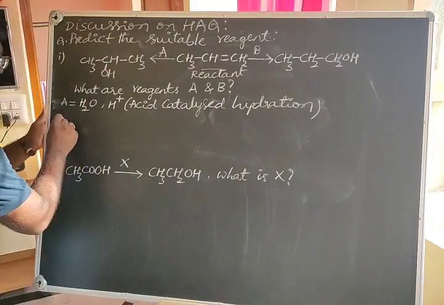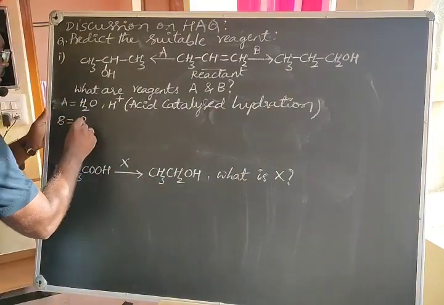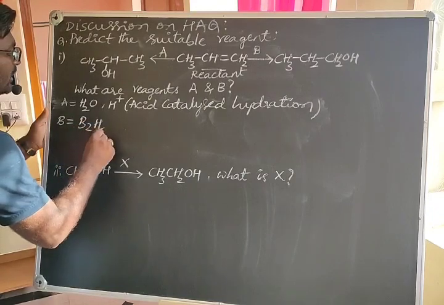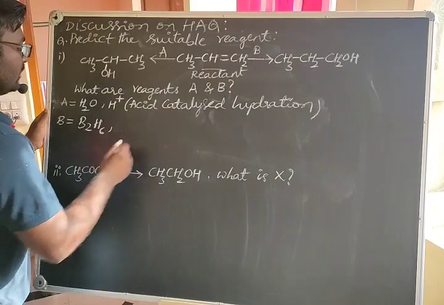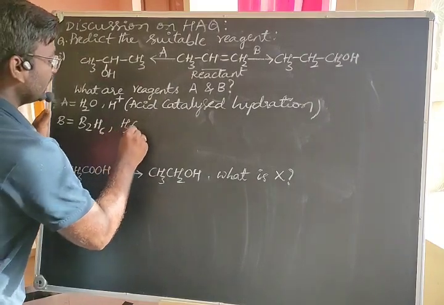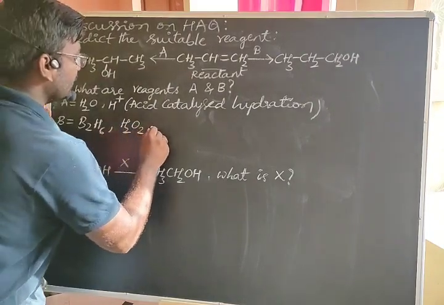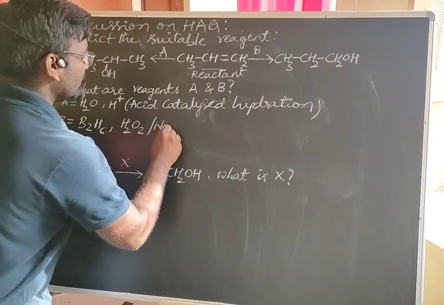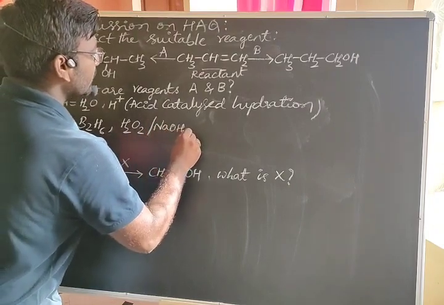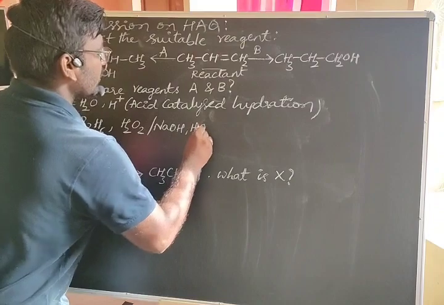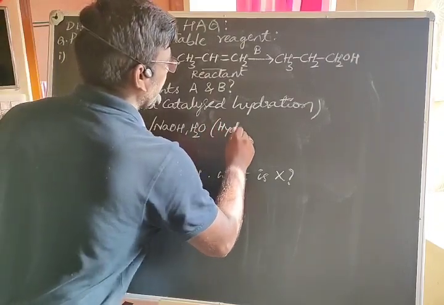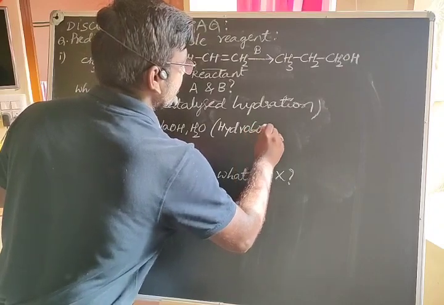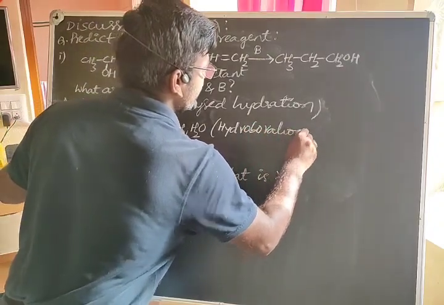So B is diborane: first you have to treat with diborane, followed by treatment with H2O2 in the presence of NaOH, that is dilute NaOH. Yes, this is called the hydroboration oxidation method.